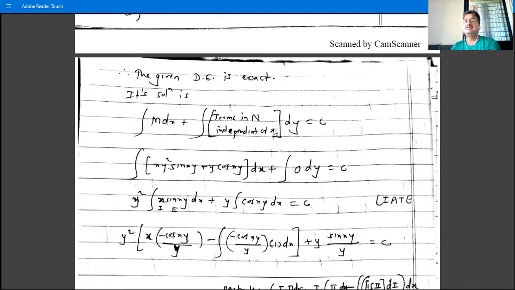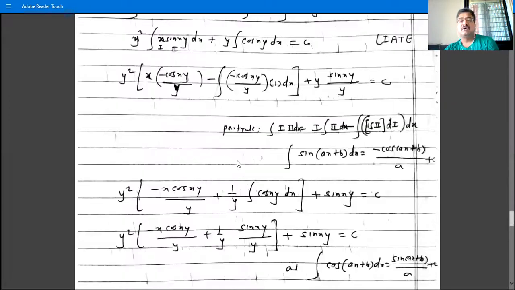The second type is homogeneous differential equation, and its subtype is reducible to homogeneous differential equation, also called the non-homogeneous differential equation, of the form dy/dx = (a1x + b1y + c1)/(a2x + b2y + c2). And this is the third type, the exact differential equation. The next type is the differential equation reducible to exact differential equation.